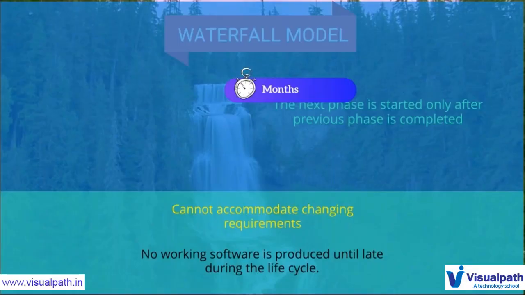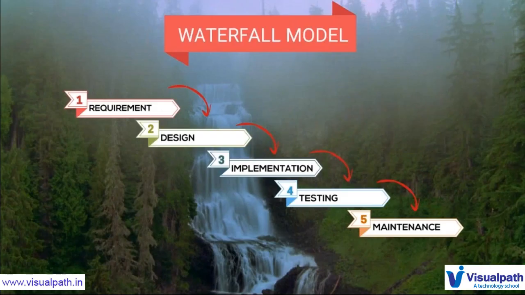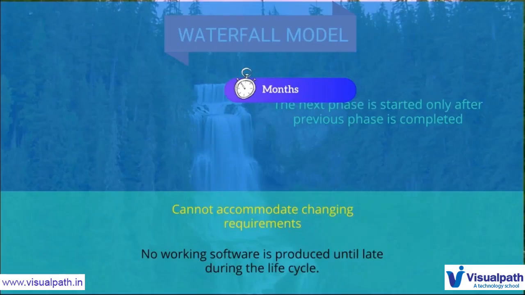Now you have to remember, in the waterfall model, the next phase will begin only when the previous phase is completed. In this model, you cannot accommodate changes. If you're already in the development phase and new requirements come up, it will be difficult to accommodate that. You can't go back in time and make the changes.